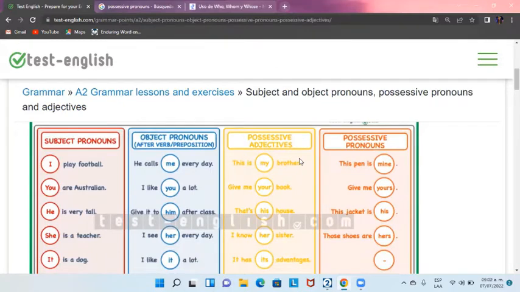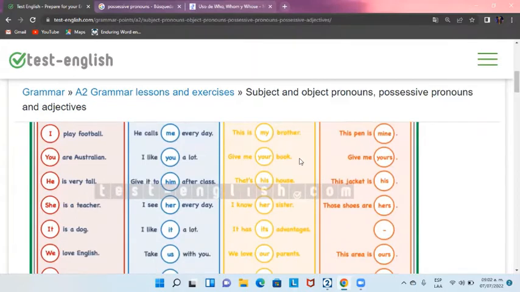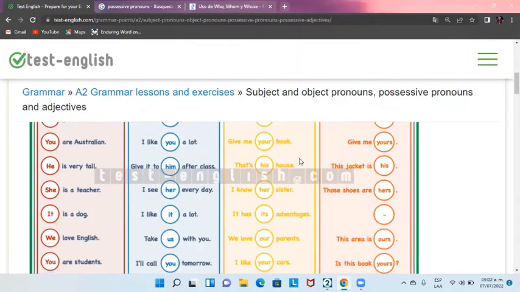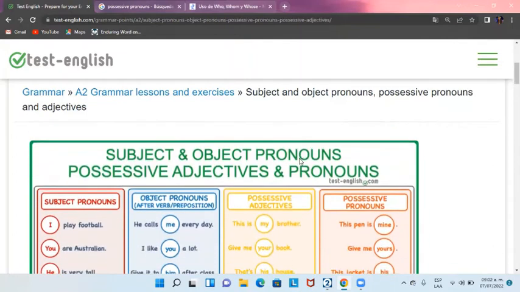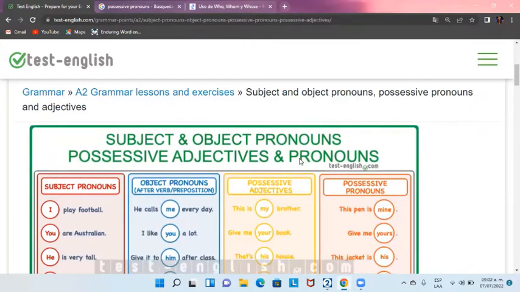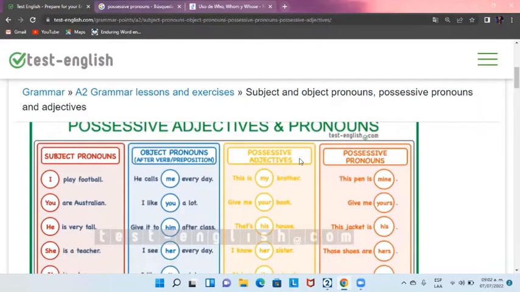This is my brother. Give me your book. That is his house. I know her sister. It has its advantages. Both are possessive. Possessive means that something belongs to the person. Algo pertenece a la persona.